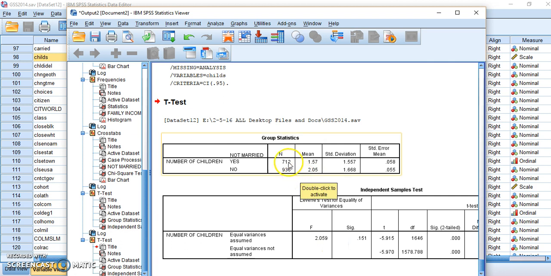Okay, so this is where you'll find the sample and the number of each in each group, the mean. So if you predicted that those who are not married, yes, would have more children, this wouldn't be in the direction of what you're predicting so far.